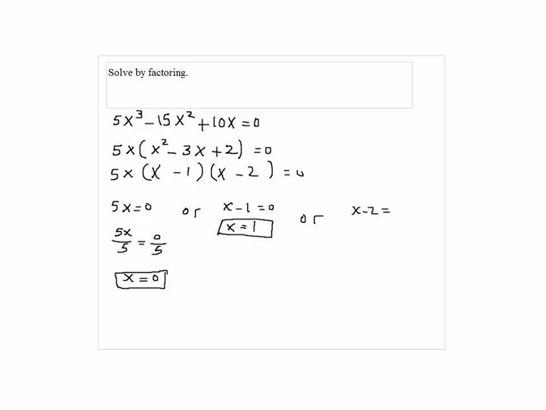Or x minus 2 is equal to 0, adding 2 to both sides of the equation, so x would be equal to 2. So the solutions would be 0, 1, and 2.